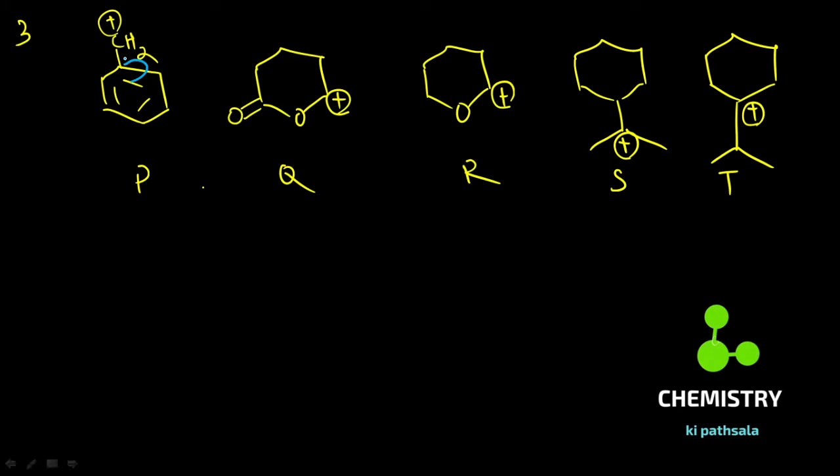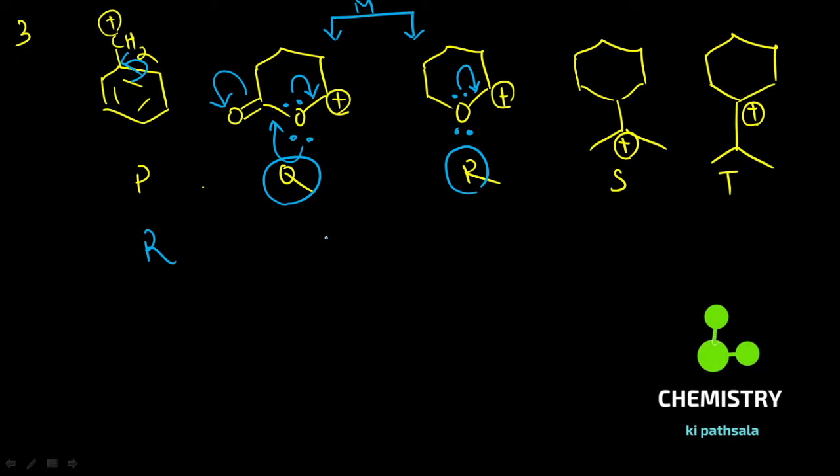Okay, P is stabilized by resonance and Q is stabilized by mesomeric effect, but you have to think very carefully about the difference between Q and R. Both are stabilized by mesomeric effect, but here there is the possibility of cross conjugation, whereas in case of R there is no such case.